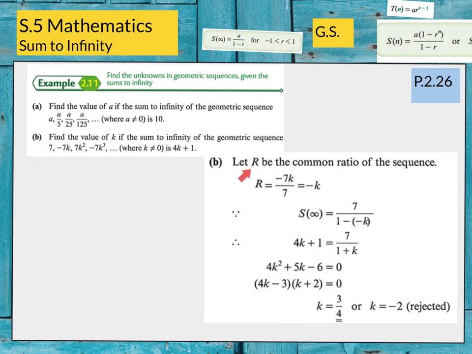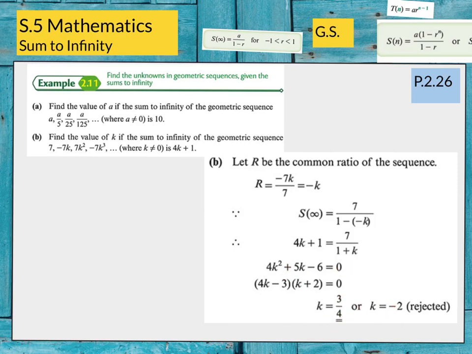We use capital R because we use small letter r in part A. So common ratio, second term divided by the first term, then it's cancelled out, you get negative k. Then after that, by calculation, 1 plus k is given 4k plus 1. Multiply, then you get a quadratic equation. Then you must solve it.